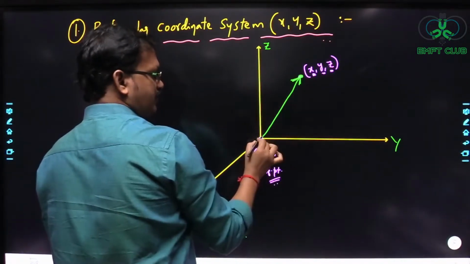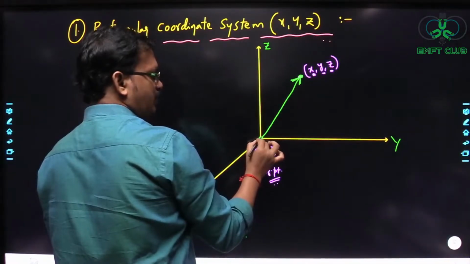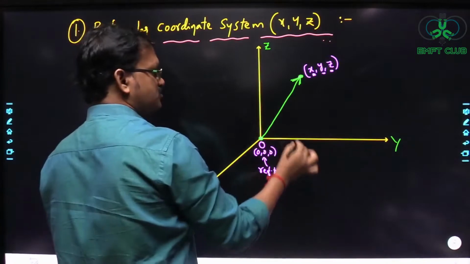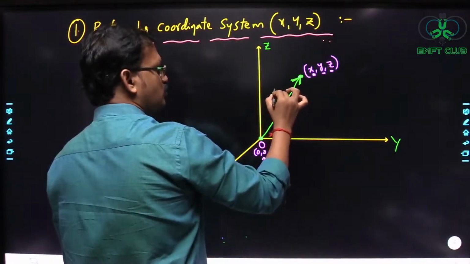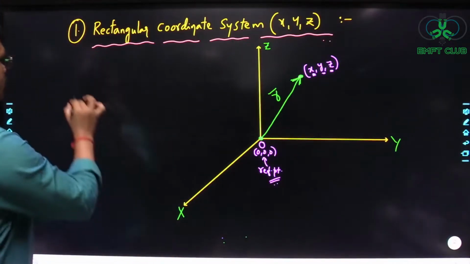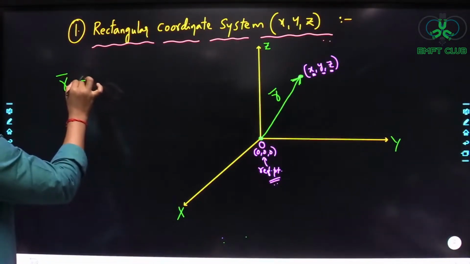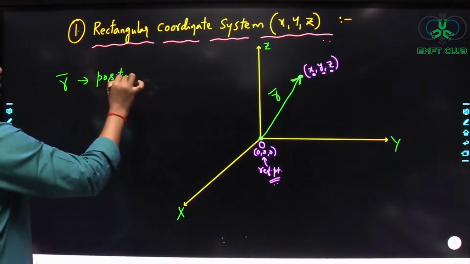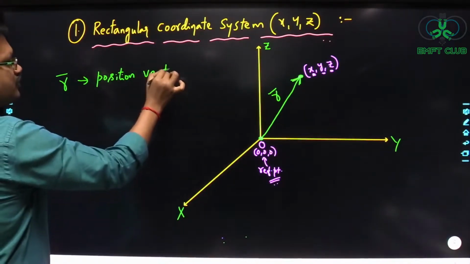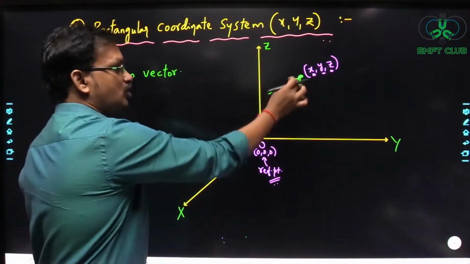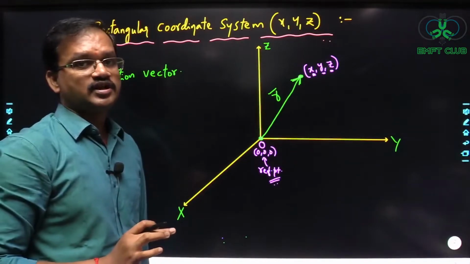The vector that is pointing from the origin to any point in three-dimensional space, we call it a position vector, which is represented by r bar. So r bar is called a position vector. This is the vector that is pointing from the origin to any point in three-dimensional space.